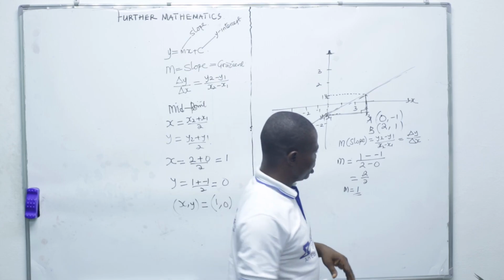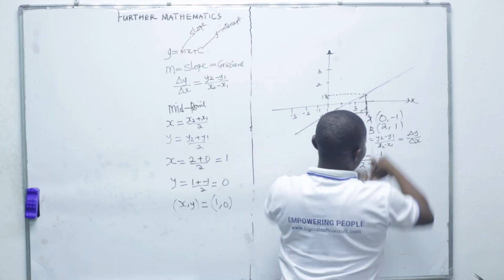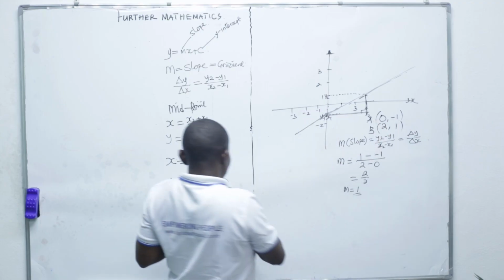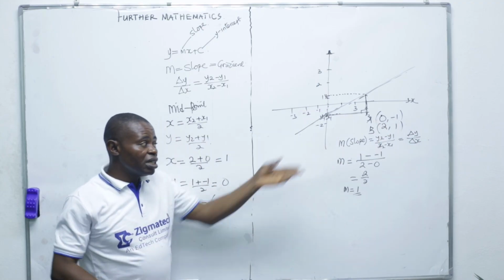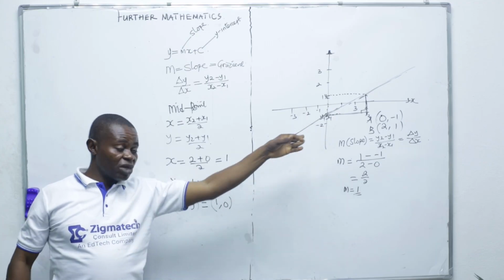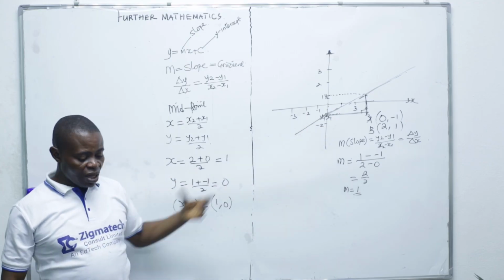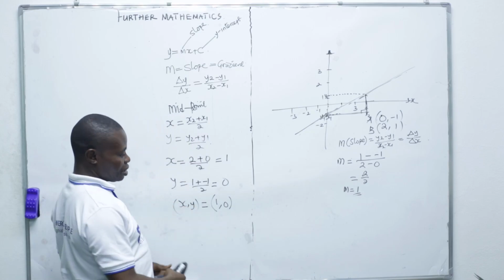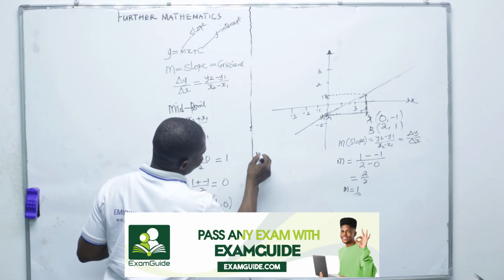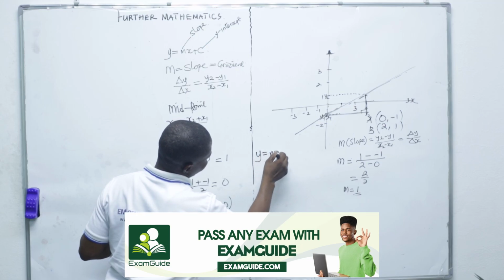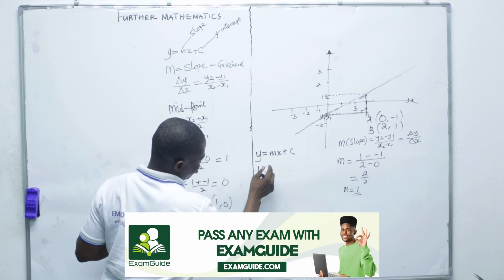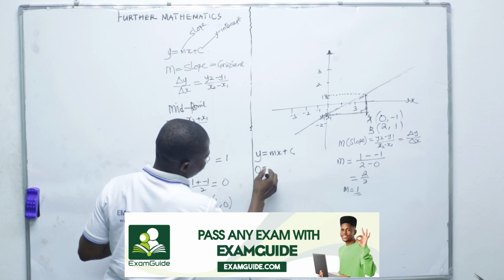Some of us, once they see two coordinates, you see them rushing to pick this one. This value you are seeing here, is this still the same thing here? No. There is a reversal in the value. So what are we going to do now? We are going to use this to generate. Knowing that y equals mx plus c, y1 is 0.